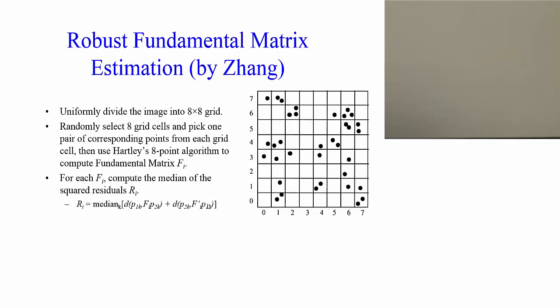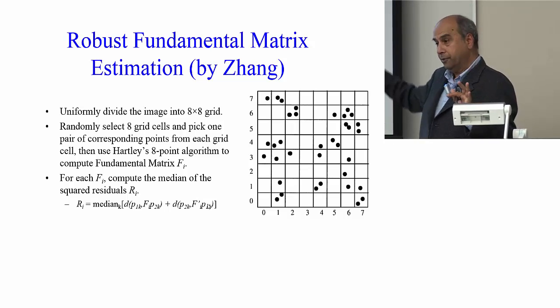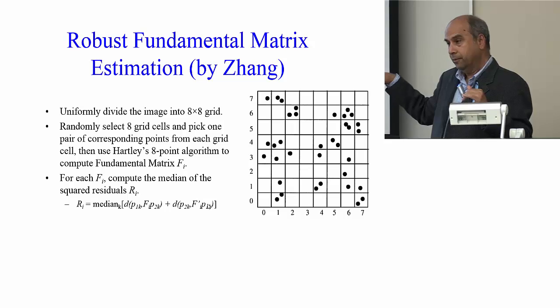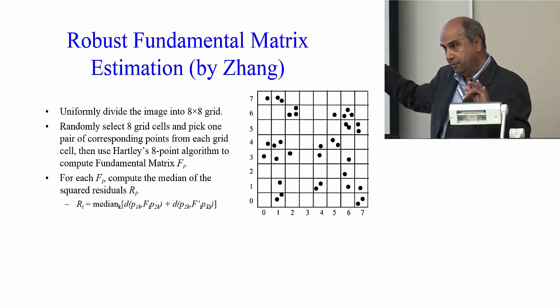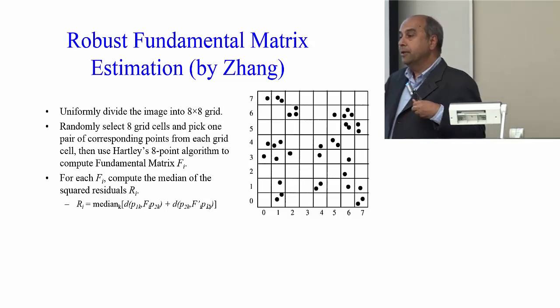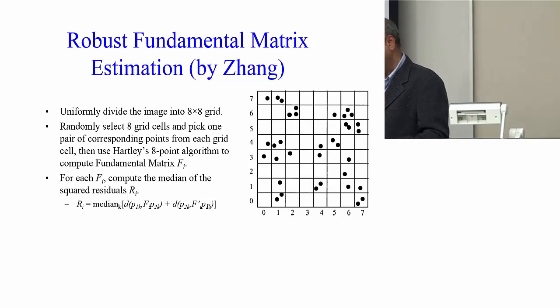Now you want to say how good that fundamental matrix is. It has to satisfy all the points which you found. So basically you do this for all the points, including, of course, the 8 points which you used. The main thing is that you want to find the error of the other points. So one way is to use the other points, or use all the points. I think it's better to use the other points as you thought.